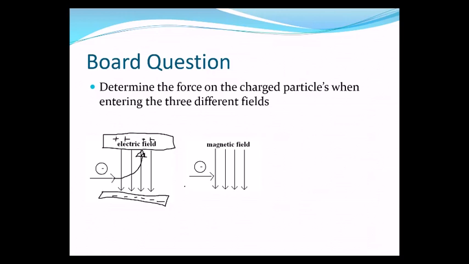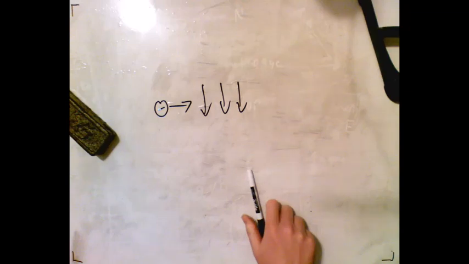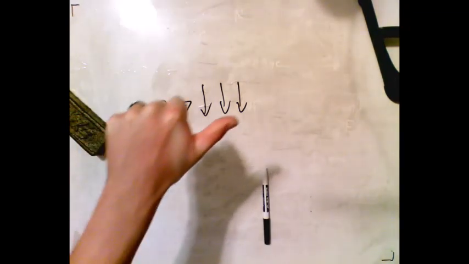Okay. So pause the video for magnetic field. So for magnetic field, I'm going to draw this one out on here. So my magnetic field is going downwards like that, and my electron is going that way. So I'm going to switch screens here to this one. So it's an electron. I want to use my left hand. I want to make my thumb go that way.